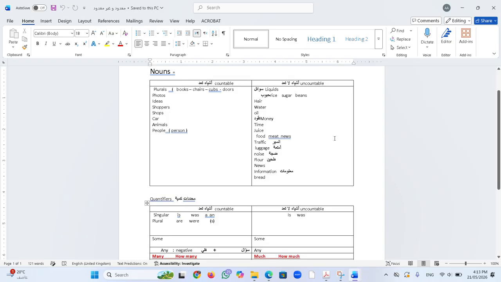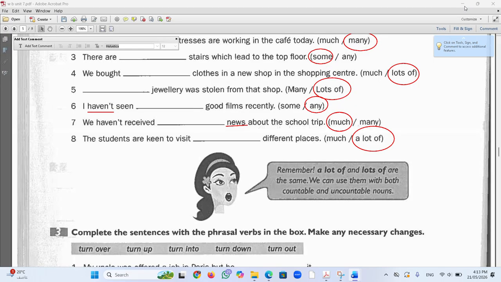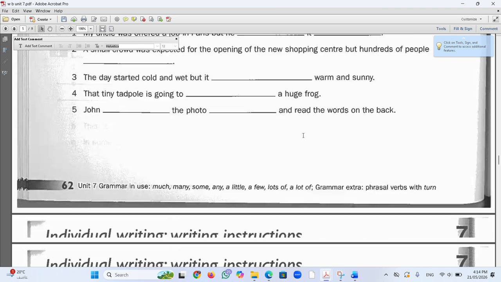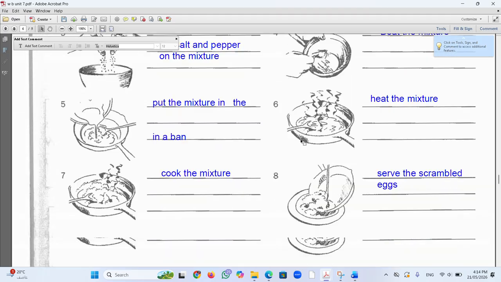This worksheet is available in your files, and you can study it and look at it again. Here we use the word any for the negative form with not. Any is used for not and for questions.